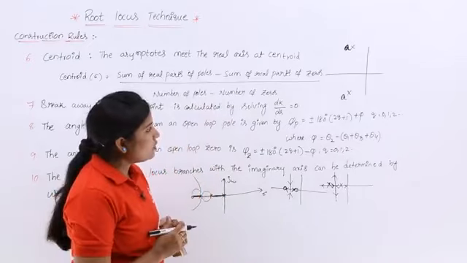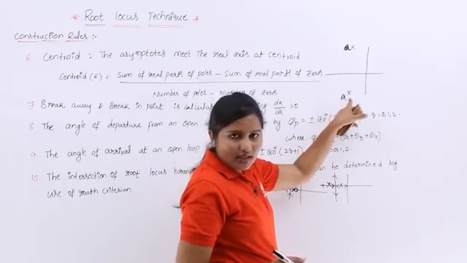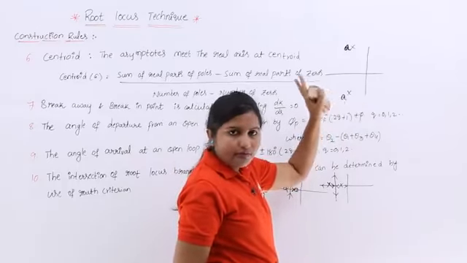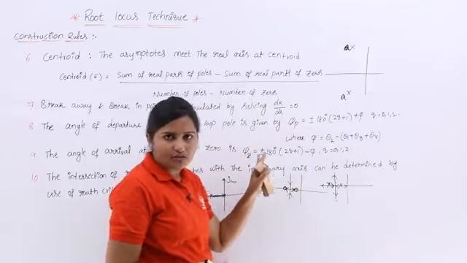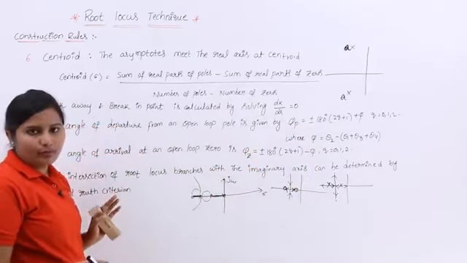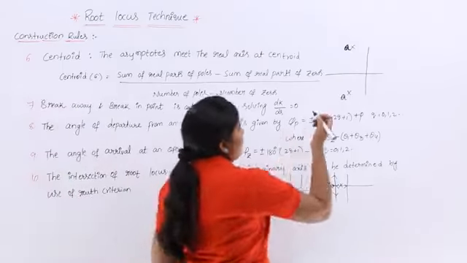Now for this imaginary root, we need to calculate the angle of departure, because that is a pole. The angle of departure can be calculated like this.